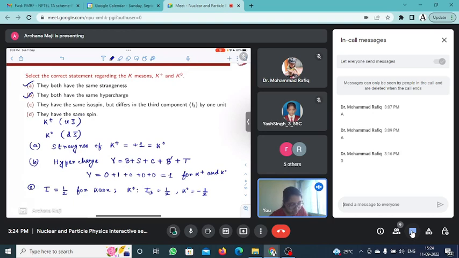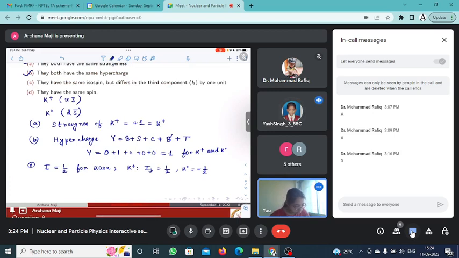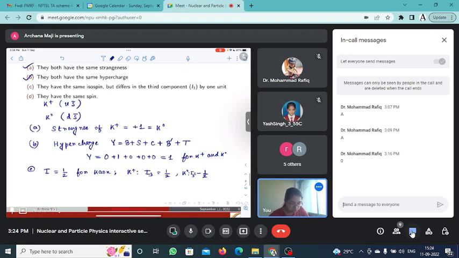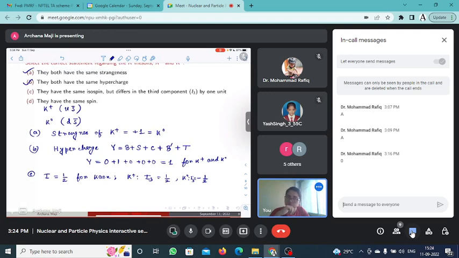It says they have the same isospin but differ in the third component by 1 unit. Is this correct? C option? Yes, it is correct.